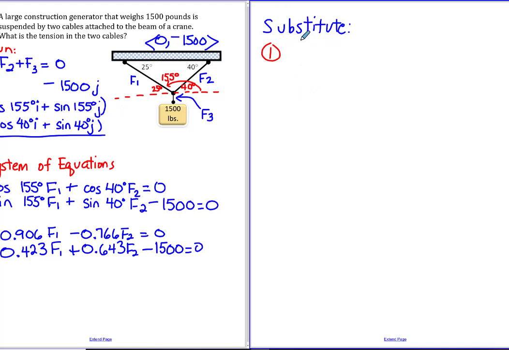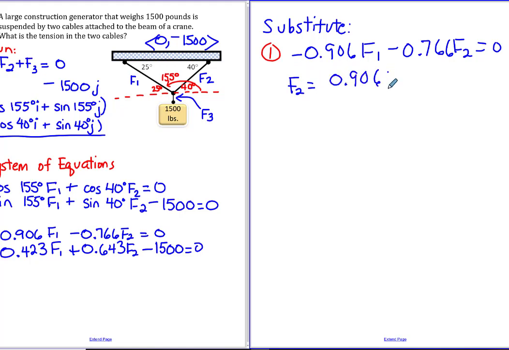So negative 0.906 F1 minus 0.766 F2 equals 0. So we're going to solve for F2, which is 0.906 F1 divided by 0.766. Okay, so we have a name for F2. I'm going to call that equation 3.